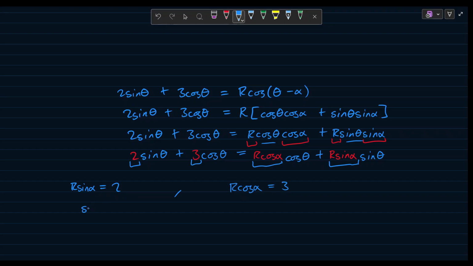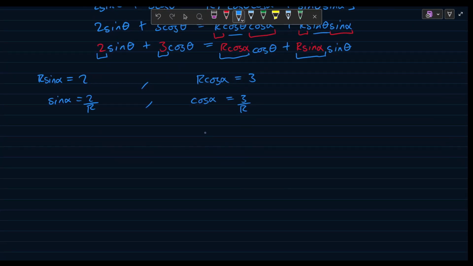So sine alpha can be written as 2 over r, and cos alpha can be written as 3 over r. And so again, we're going to draw our right angle triangle. Alright, so this would be angle alpha.